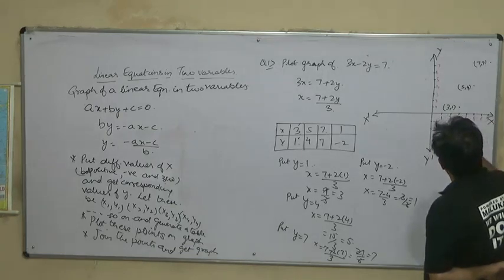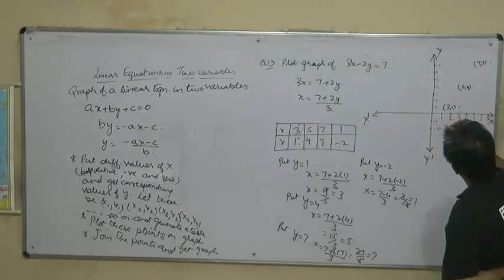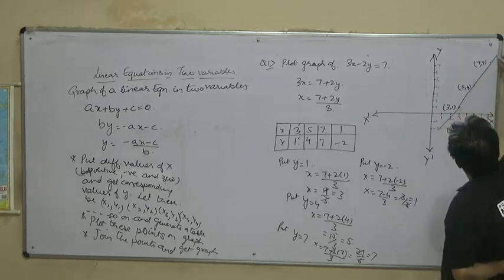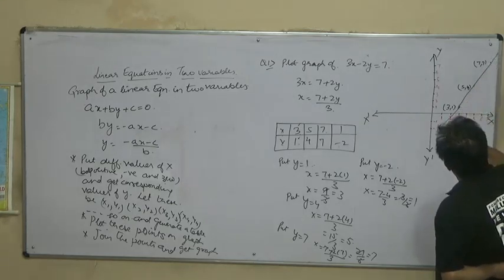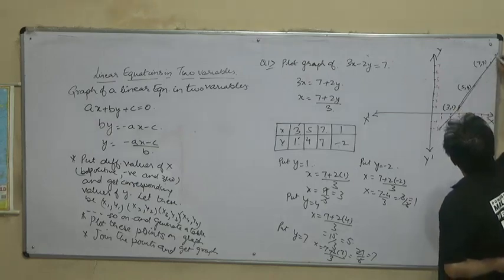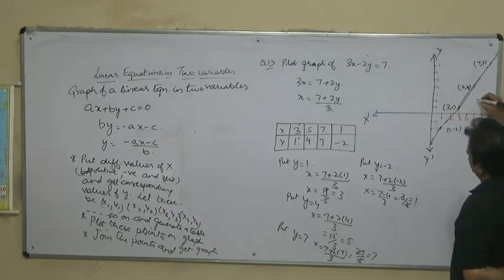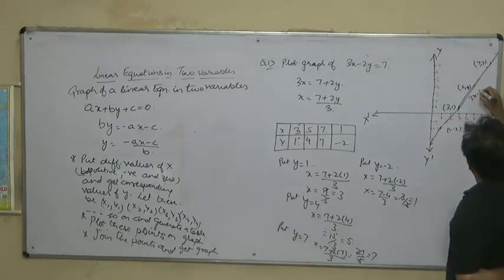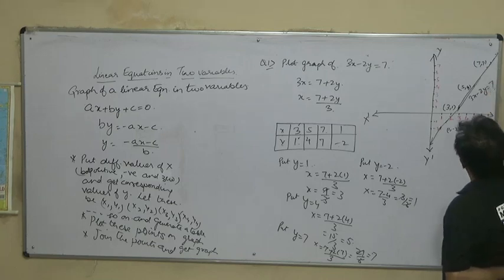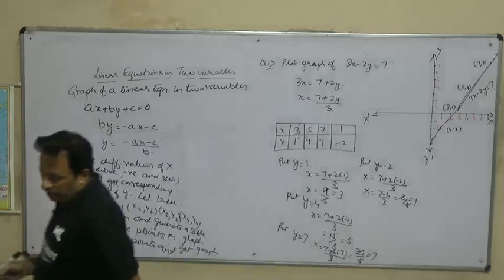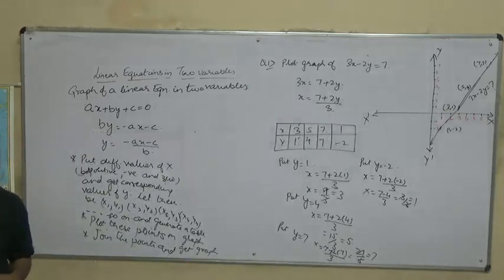Now we will join these points. So this will be your line graph. This will be given by 3x minus 2y is equal to 7. So this is the required graph which you want to find.